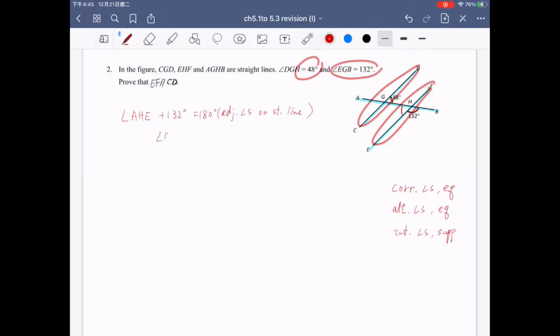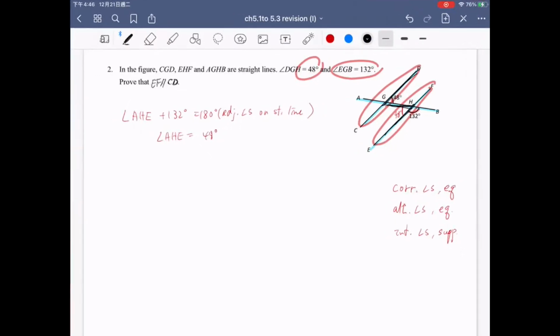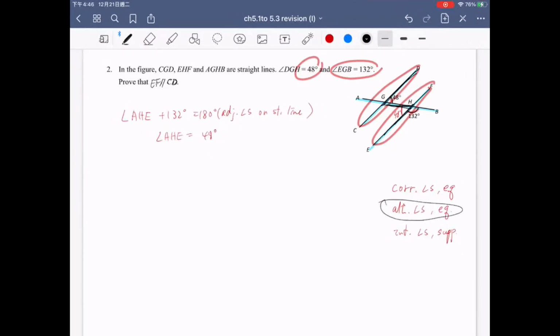So angle AHE is 48 degrees. So if this one is 48, and in fact you can easily figure out this, then we can say this way. Exact shape, can you see? So we can use alternate angles equal, right?